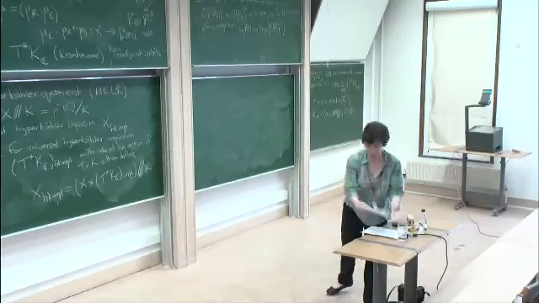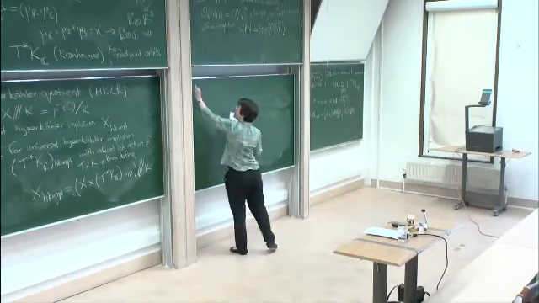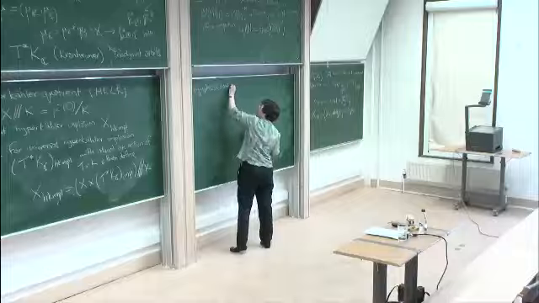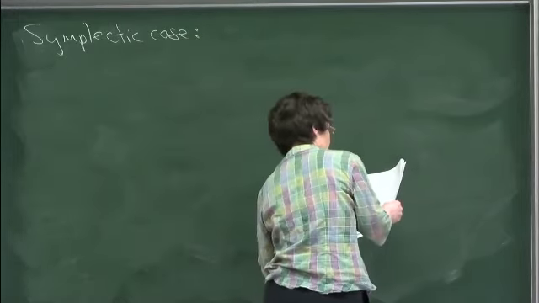So first of all, recall, in the symplectic case, what was the universal implosion? What did it look like?